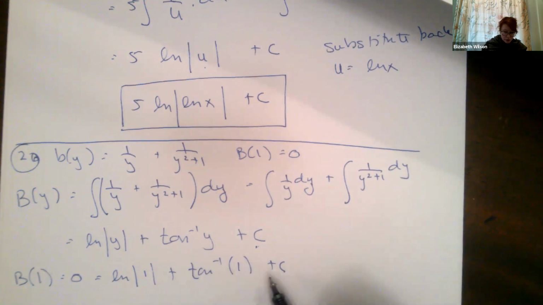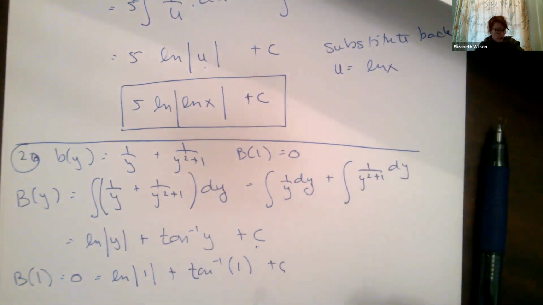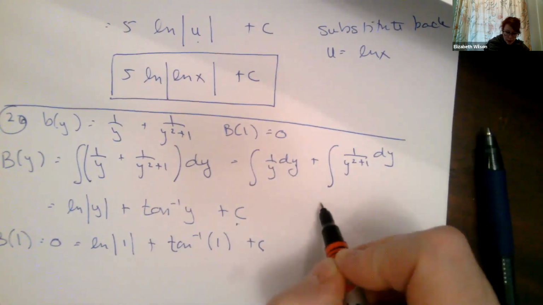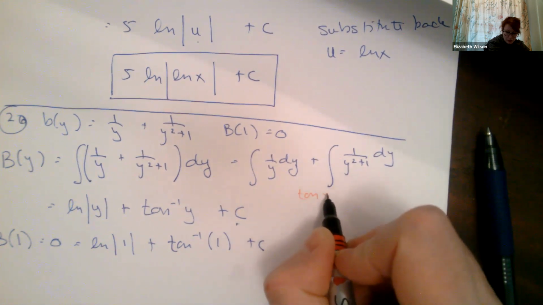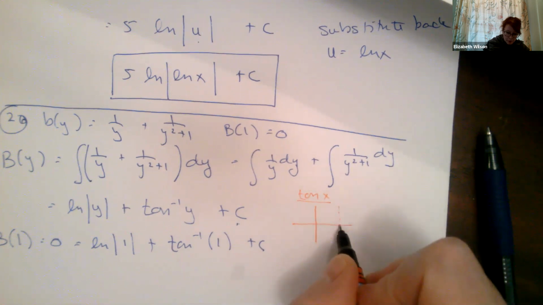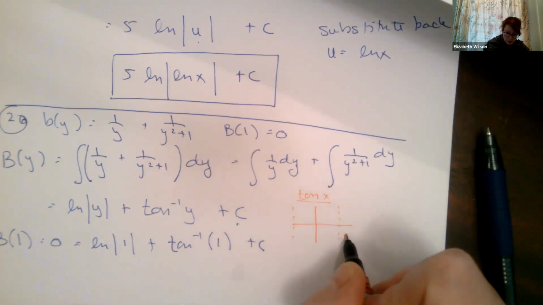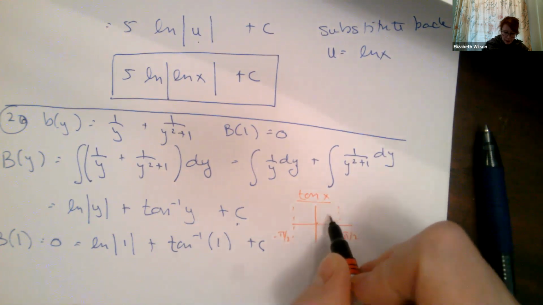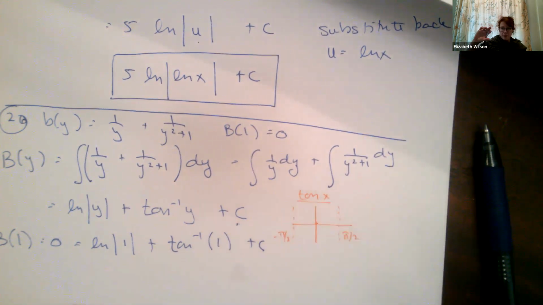But let's think about it just for a second. I'm going to go off to the side and do this in a different color so we can see it. Let's remember our inverse tangent. When I go to graph inverse tangent, I like to think about my regular tangent function. I'm going to limit my tangent function to minus pi over 2 to pi over 2, because that's how we need to limit it in order to take the inverse tangent, so it's a function.